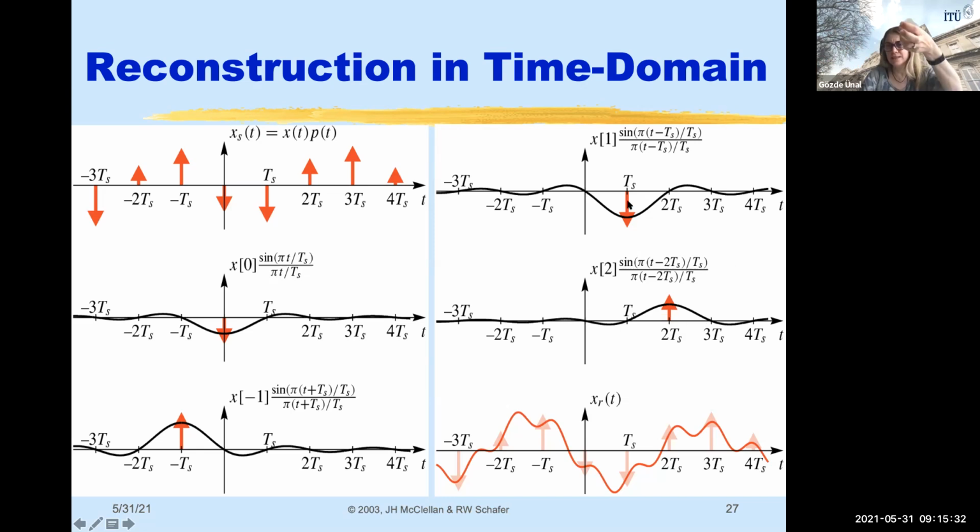And it is also scaled, multiplied by the sample value. Here, x[1] was, let's say, I'm just making up, -1, so it's scaled. x[0] was 1/2, let's say, so again the sinc is multiplied by 1/2. x[-1] was 1, let's say, so multiplied by 1. Now we add all these shifted and weighted sinc interpolating functions.